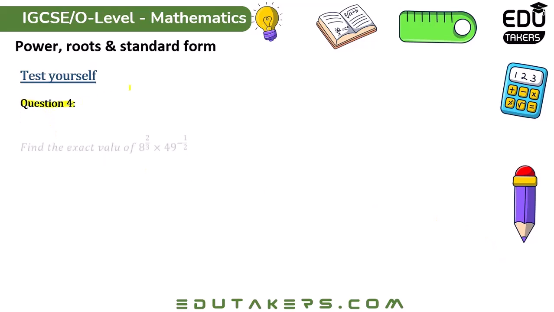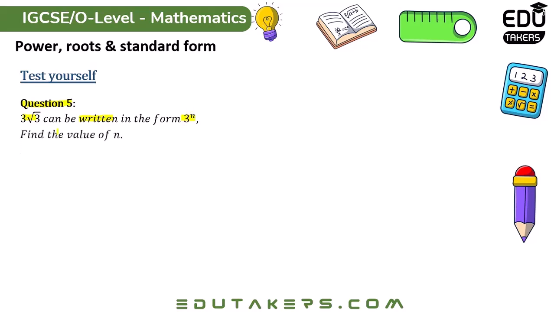Question number 4: find the exact value of 8 raised to power 2 over 3 times 49 raised to power negative 1 over 2. It's a 2 mark question. Question number 5: 3 times square root of 3 can be written in the form 3 raised to power n. Find the value of n. It's a 1 mark question.